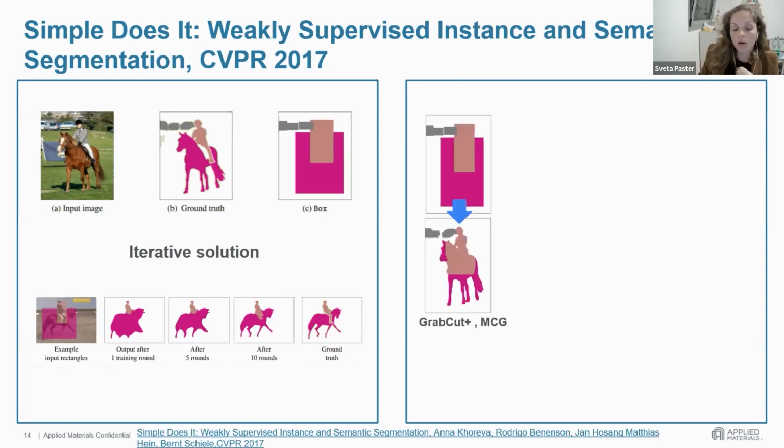Let's take the box and modify it to a different initial state using GrabCut Plus, which is an iterative algorithm-based GraphCut, and MCG, multi-scale combinatorial grouping. Using both of these algorithms in order to refine the annotation, we won't need any iterative solution.